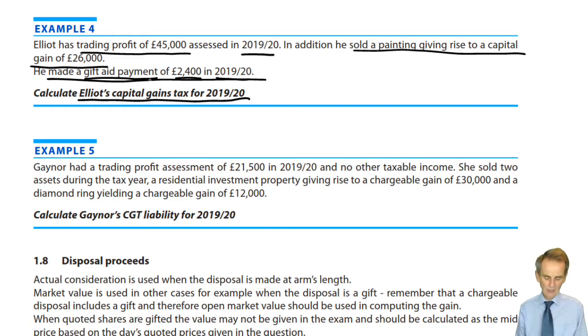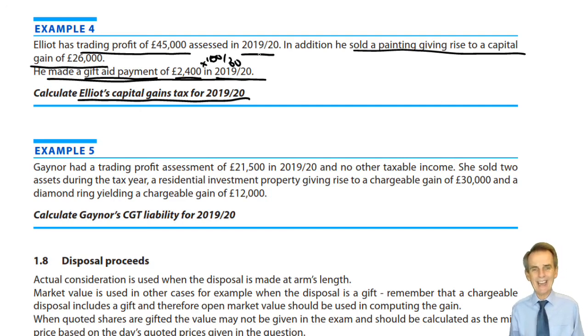You do not see reference next to the 2,400 to indicate that was a gross figure. So that is the amount paid, that is net. So that therefore needs to be multiplied by 100 over 80 to establish the gross amount.